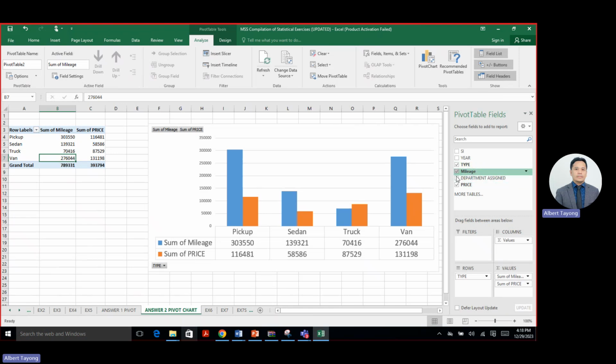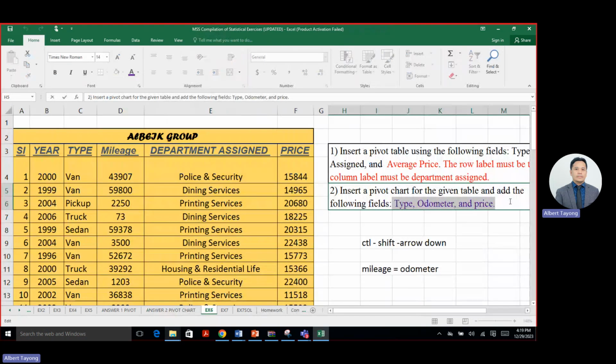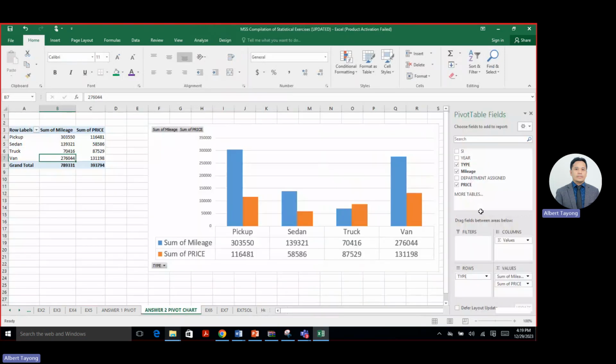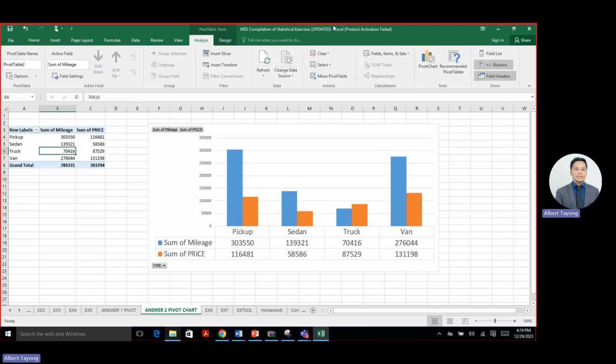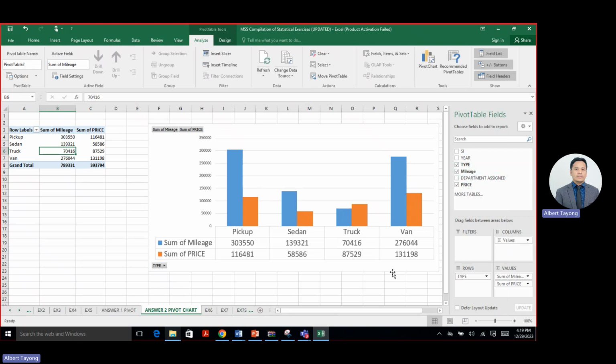It's going to appear, because you might be changing this based on the question, or maybe you made a mistake, for example. So sometimes this disappears. See, it's nothing there, even if you select any cell inside the table. So you have to click Analyze and click Field List. It will appear again.